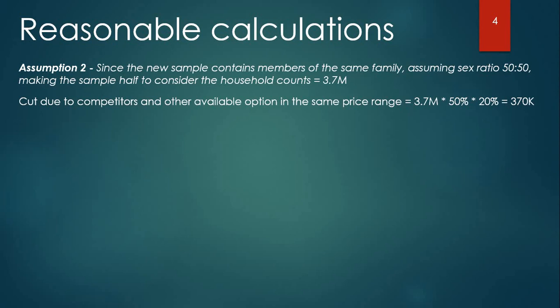So considering these two, the competitor as well as other available options, the sample has been reduced by 50% due to competitors and another 20% due to other available options, which makes my sample 370k now.